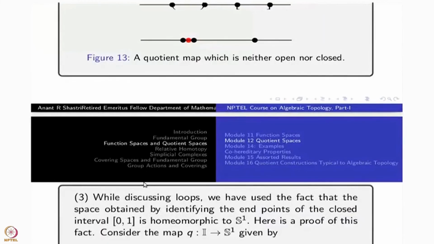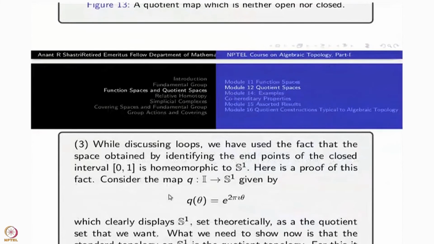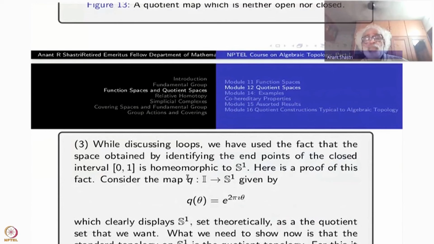Okay. Finally, here is an example. While discussing loops, we have used the fact that the space obtained by identifying the endpoints of the closed interval [0, 1] is homeomorphic to S1. So let us write down a neat proof of this. By taking the exponential function on the interval [0, 1], Q(theta) equal to e raised to 2 pi i theta.